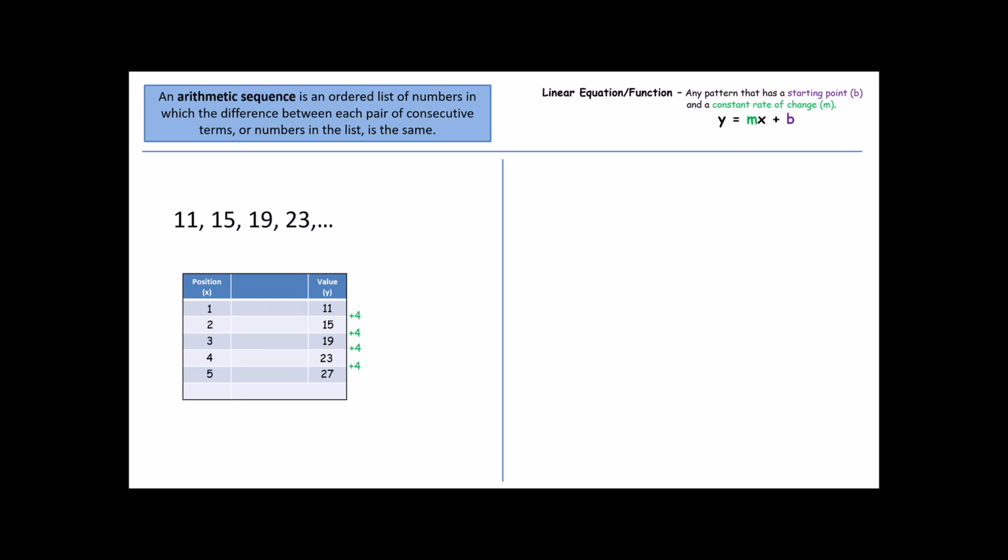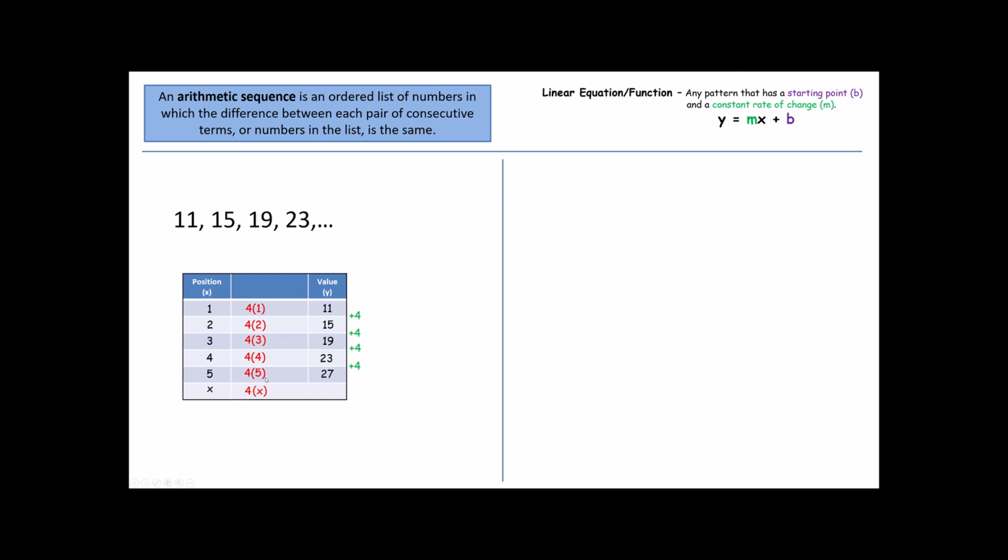So I'm going to take that plus 4, that constant rate of repeated addition, and write that repeated addition as multiplication right here in the middle. The first position is 4 times 1, second position is 4 times 2, 4 times 3, 4 times 4, and 4 times 5.